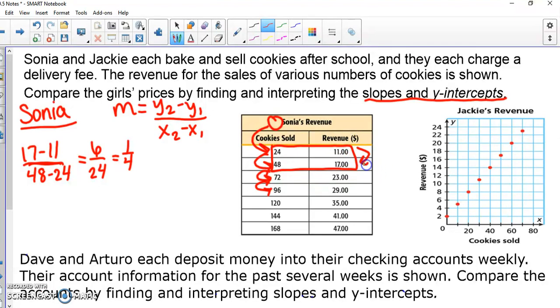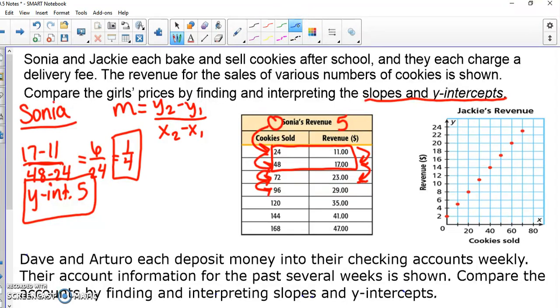We're adding 6 each time. So since she's adding 6, we need to subtract 6. 11 minus 6 gives us 5. That means her y-intercept is 5. If someone buys 0 cookies, they are still going to be paying $5, and that's what her delivery fee would be.